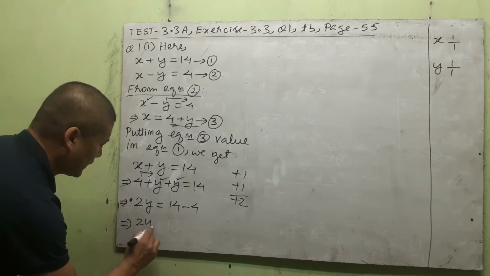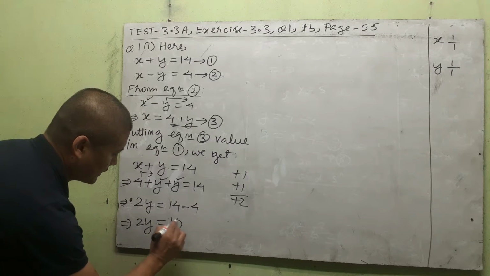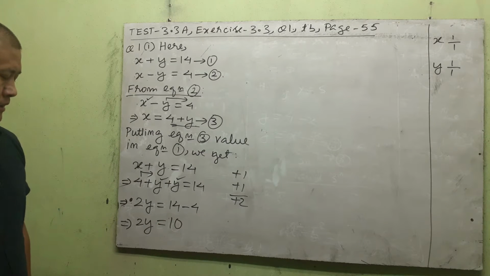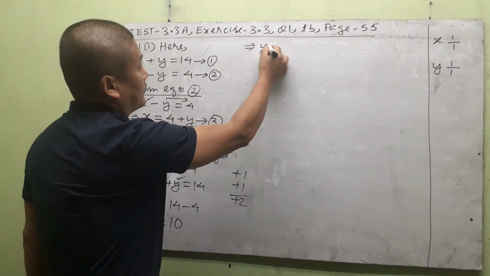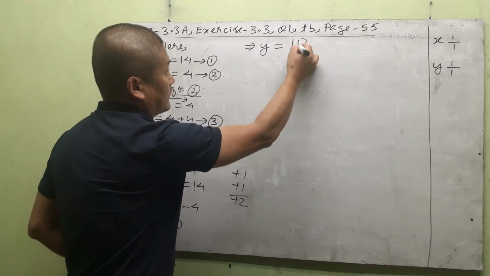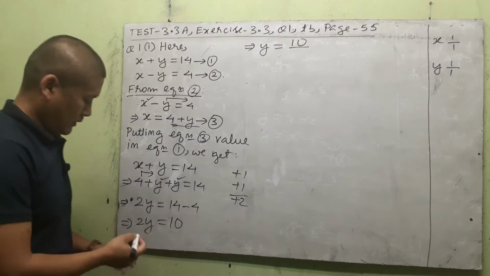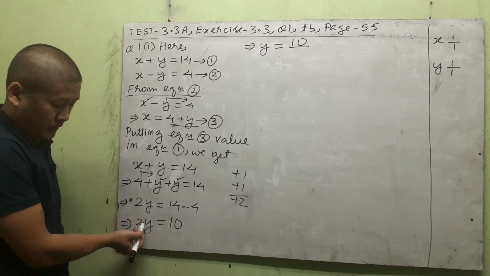Now next, 2y is equal to 14 minus 4, which is simply 10. Then we are about to get the value of y. Put the y alone on one side. Don't shift this. Then 10 is there. That's fine. Then between this 2 and y there is no sign, which means multiplication.